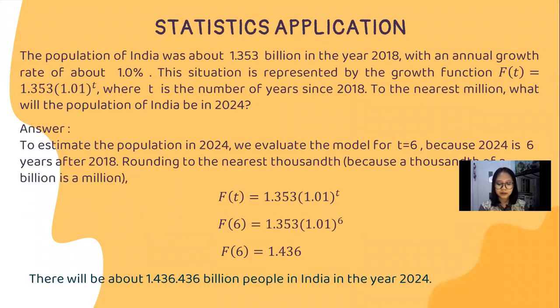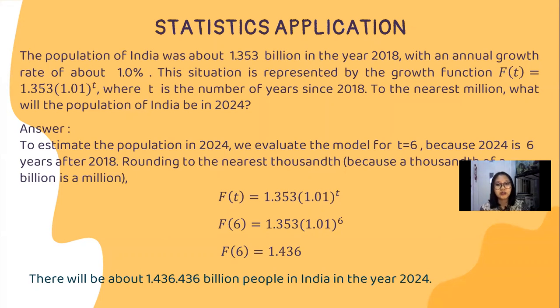Next is statistic application. Did you wonder how people use this exponential function in daily life? We can use this function to calculate the population of humans or animals. Here's an example. The population of India was about 1,353 billion in the year 2018, with an annual growth rate of about 1.0%.